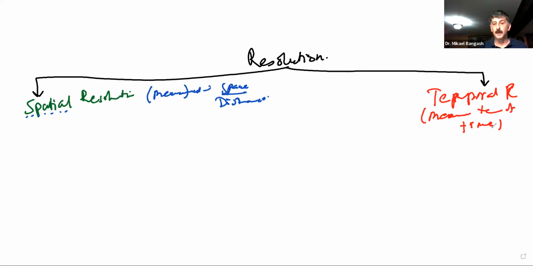Now this temporal resolution, we're going to talk about specifically in chapter 13. So your whole chapter 13 is mainly about temporal resolutions.